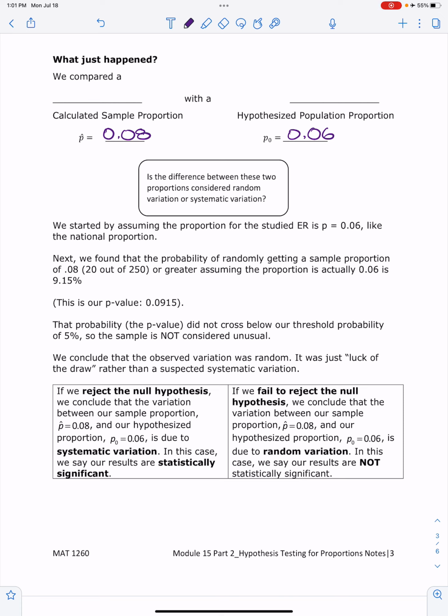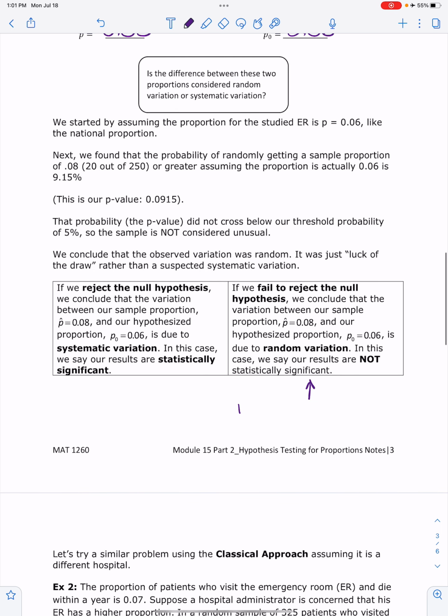You can read through this next part. It just types out everything we just did on page 2. When it comes down here, we failed to reject the null hypothesis. We did not reject H naught. This is due to random variation. So this is what we found.